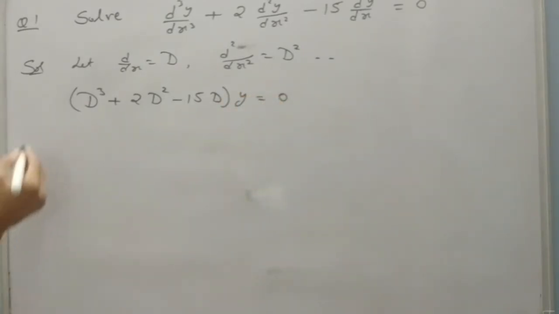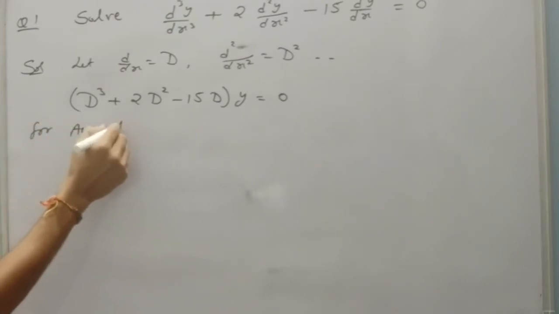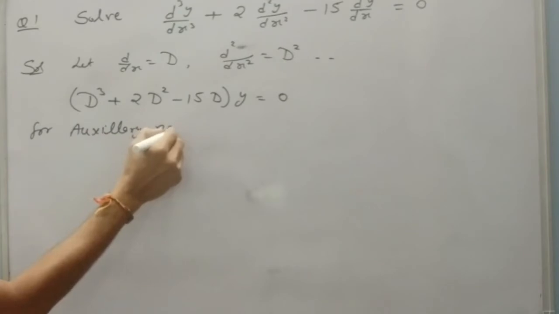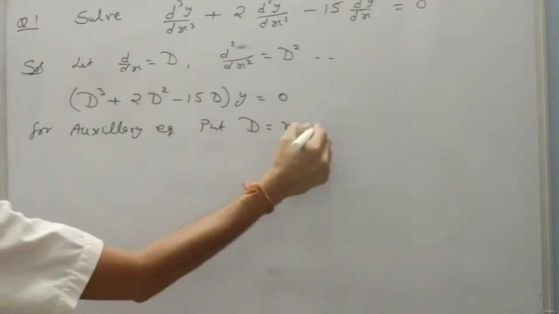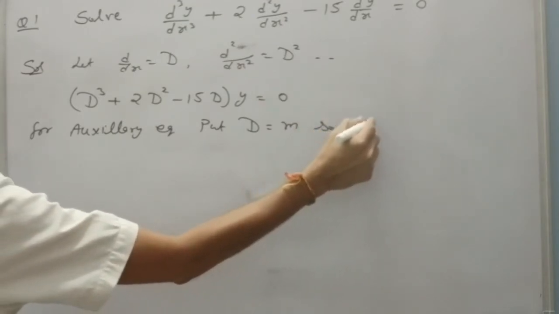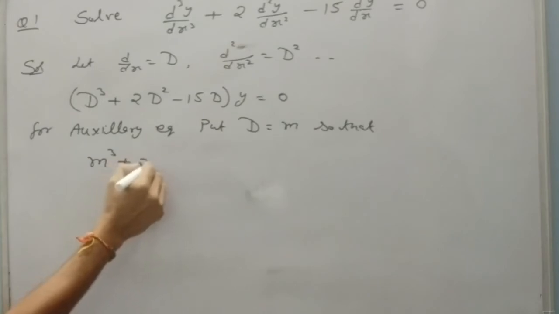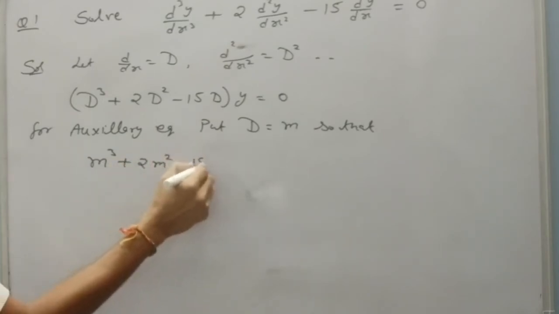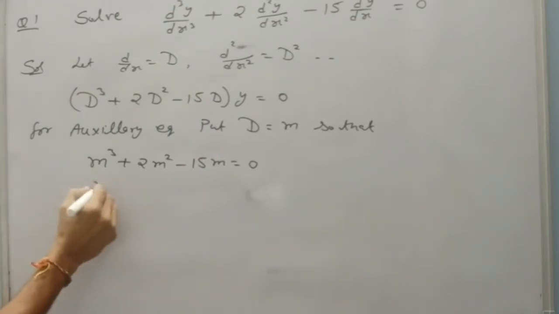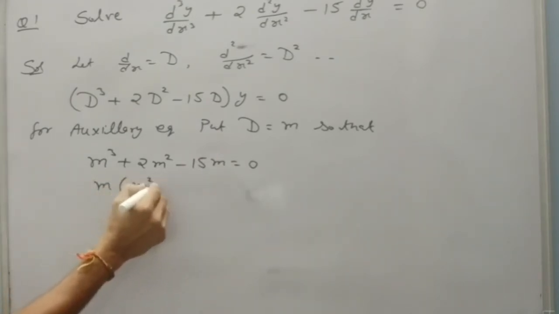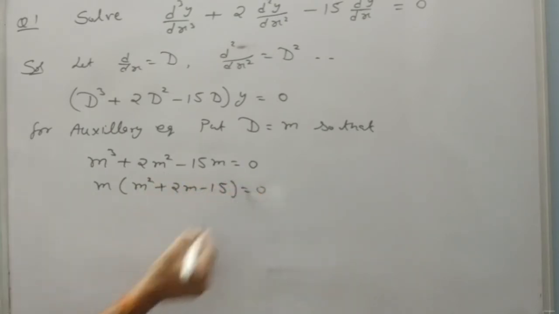Now for the auxiliary equation, put D is equal to m so that the equation becomes m cube plus 2m square minus 15m is equal to 0, or I can say m is common, that is m times m square plus 2m minus 15 is equal to 0.